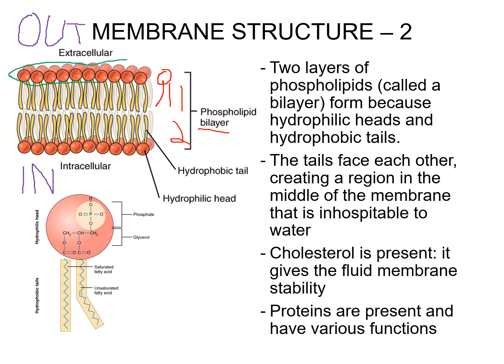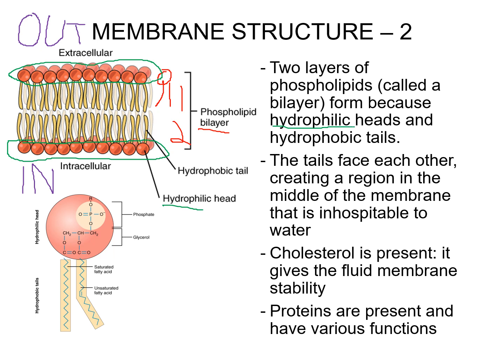What I'm circling in green right now are the phosphorus heads, and those structures are actually touching the water. So since they're touching the water, they don't really have a big problem with water. They actually like the water, so we call that hydrophilia or hydrophilic, as we discussed last chapter.